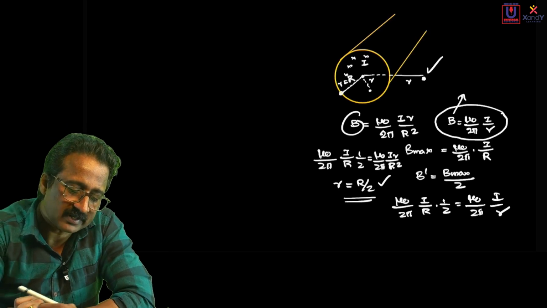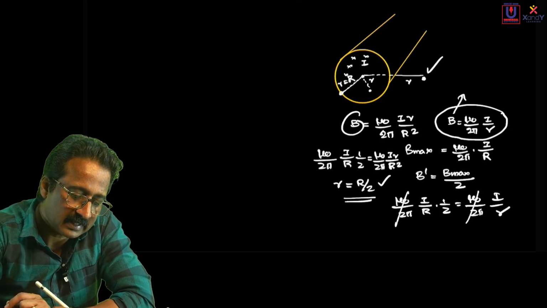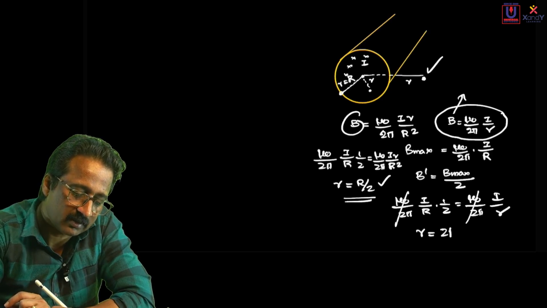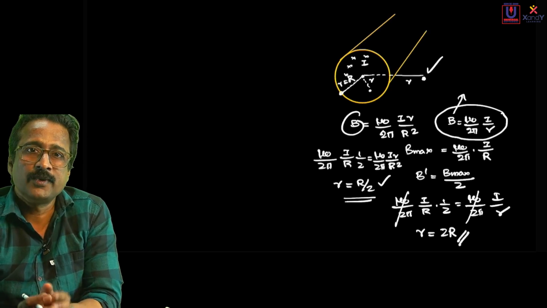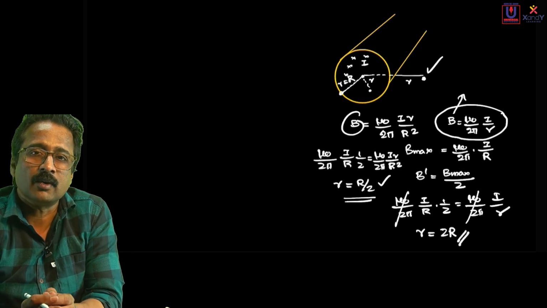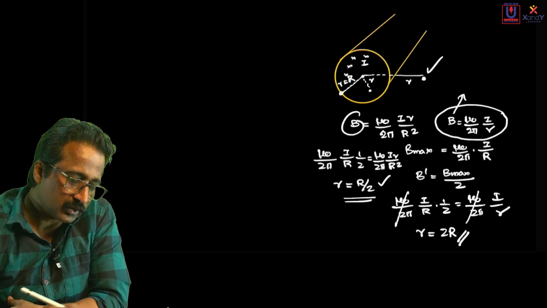Now when you simplify this, you will see that mu 0 by 2 pi is going to get cancelled, I is gone, and you will see that r will be equal to 2R. So these are the 2 points where we can expect the field to be equal to half the field on the surface, or half the maximum field. So r equal to R by 2 and r equal to 2R.